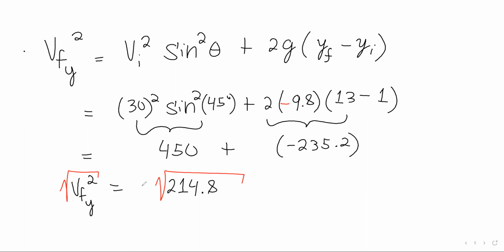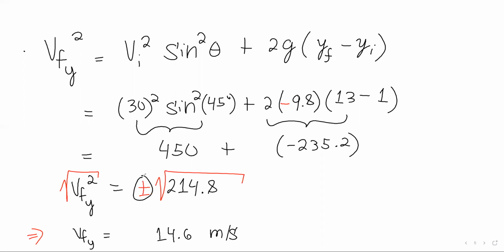Whenever you square root both sides of an equation, you have to tack on a plus or minus. So final velocity equals, again, 14.6. The same result as we got before.